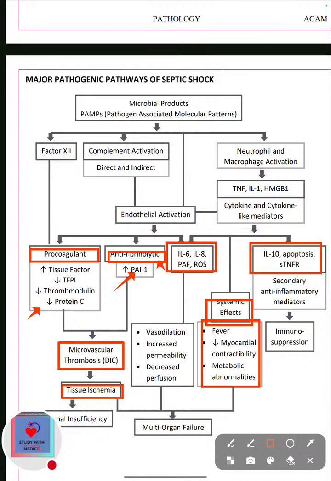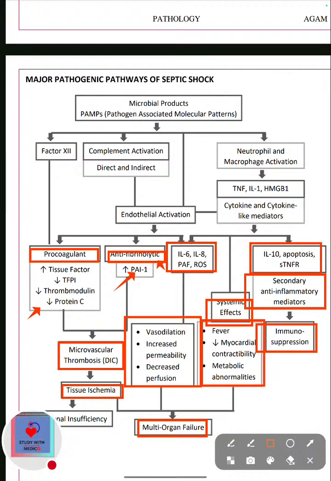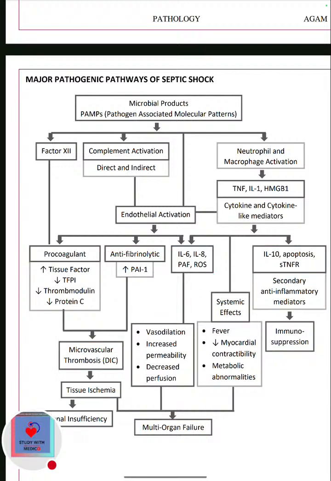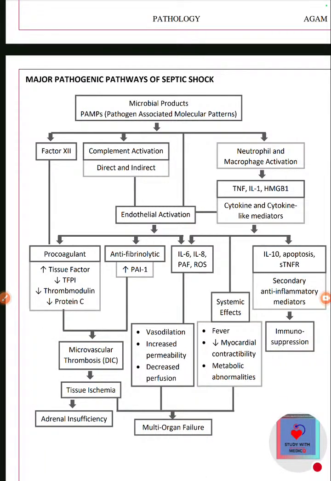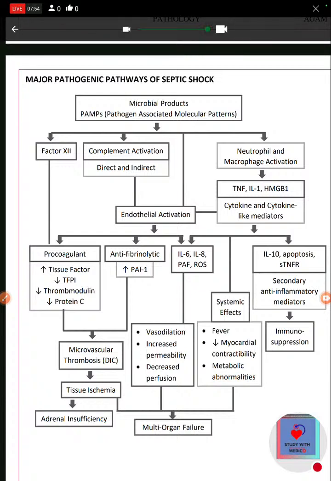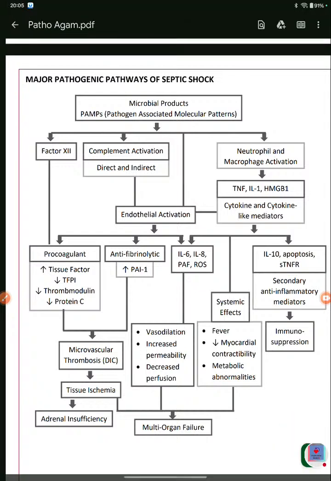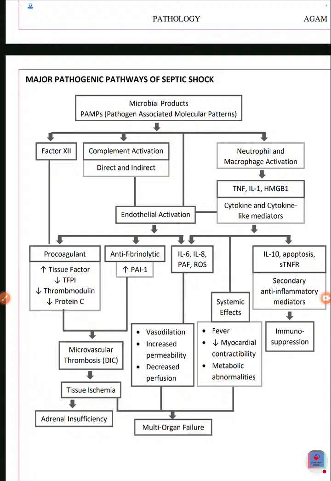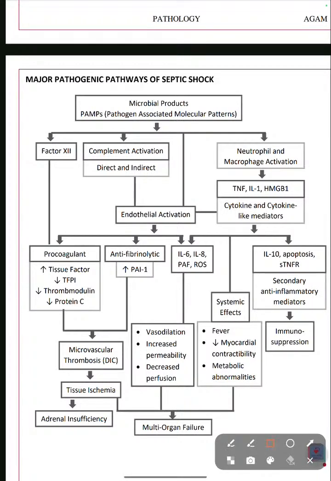Here there is a fever, decreased myocardial contractility, metabolic abnormalities, secondary anti-inflammatory mediators, immunosuppression, multi-organ failure, vasodilation, increased permeability, decreased perfusion, and here there is renal insufficiency. Adrenal insufficiency. So here, if you see, what is there?